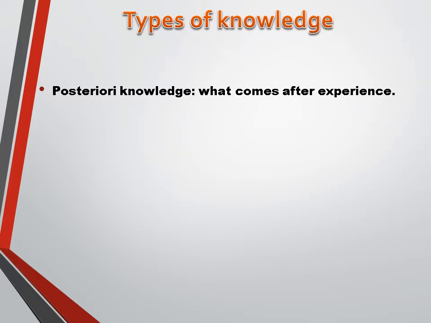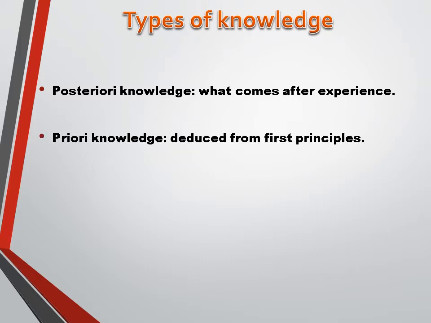Now let's move on. The second type of knowledge is priori knowledge. Priori knowledge, as you can understand, is just the opposite of posterior knowledge. It is the knowledge and fact that exist without the need to experience it. So we know somebody else is doing it and we are saying that okay, it is correct.